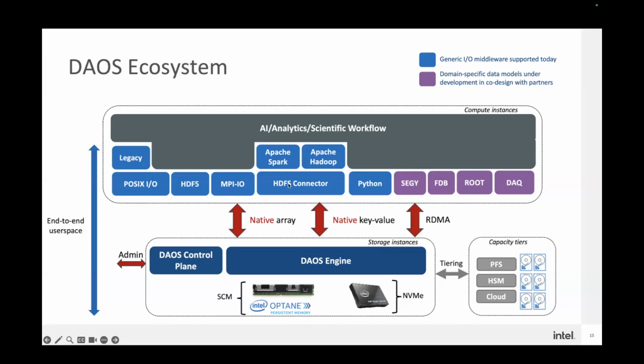These are an example of the domain-specific containers: POSIX, which we'll talk about a lot, HDF5, MPIIO, and various other containers. There's interfaces through a native array, a native key value interface, and all the communication that's going on between the DAOS instances, the DAOS engines, and the clients is all over RDMA, again, in user space.